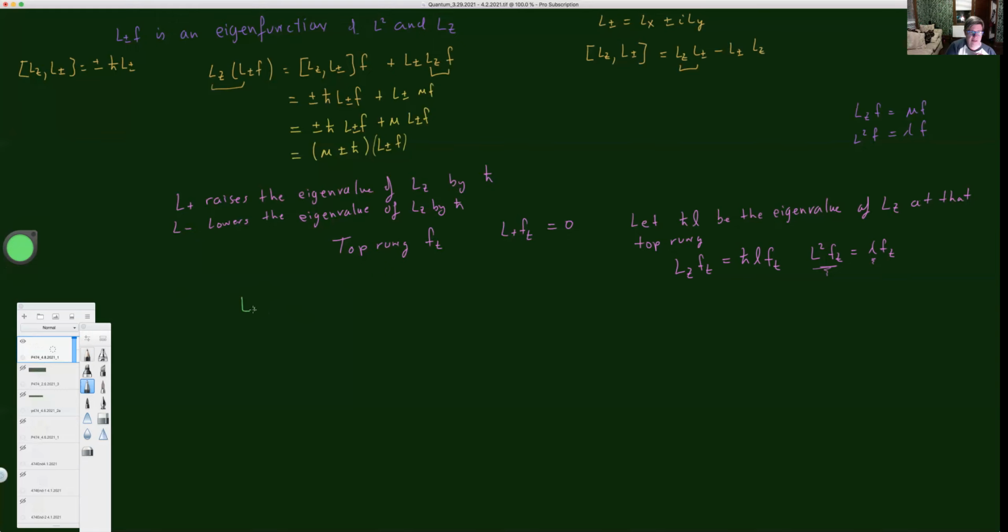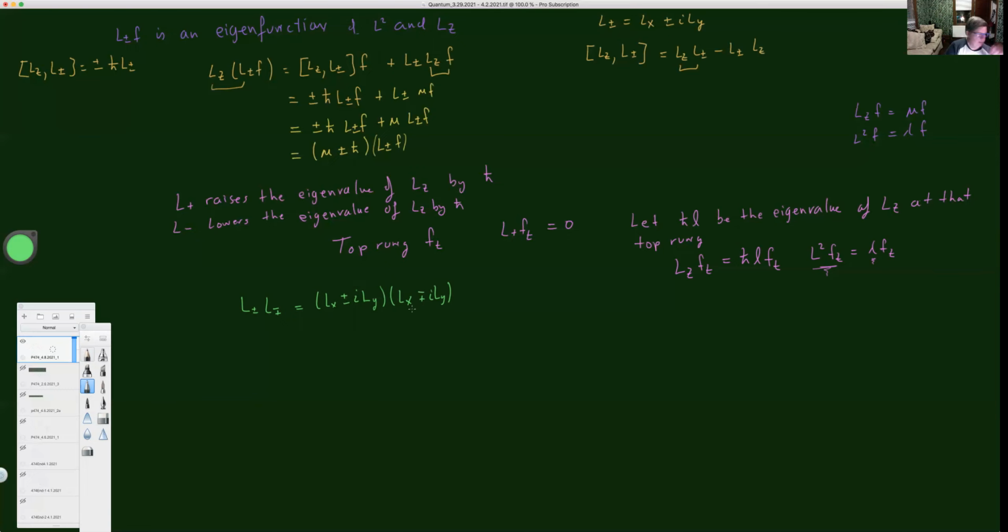So it's kind of an aside. L plus L minus times L minus L plus, that's going to be Lx plus minus i Ly. And then remember, we're going to switch around the sign. So this is going to be Lx minus plus i Ly, right? Because if this one's the top sign, this one has to be the top sign. So if this one's plus, this one's got to be minus. And this one's minus, it's got to be plus, okay?